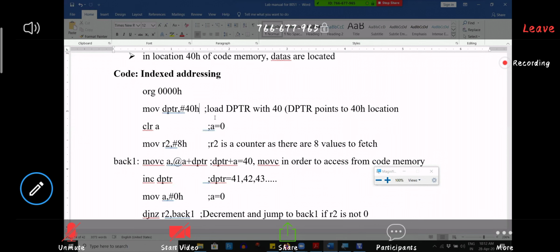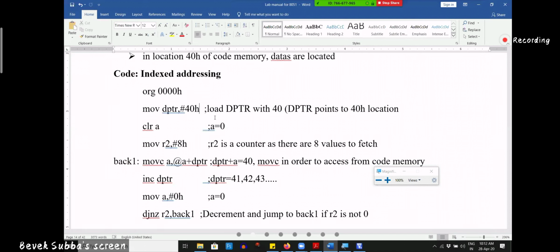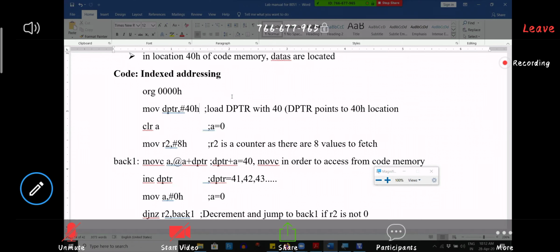Are you getting it? So it's like indirect. Now your lookup table should be located at 40H.